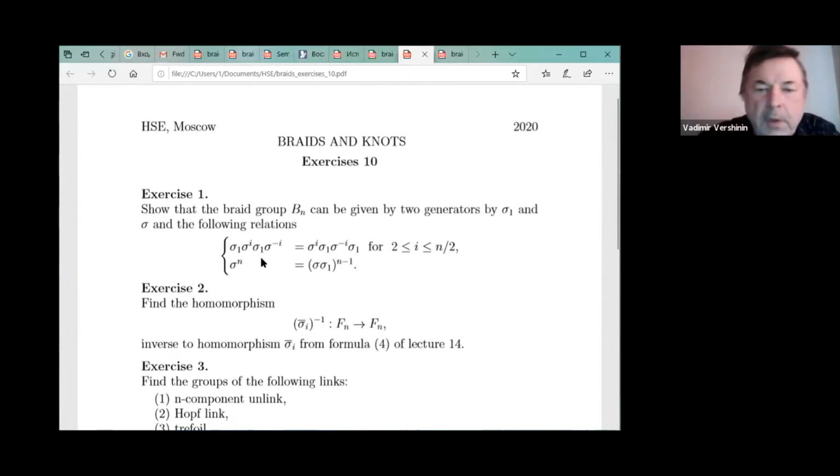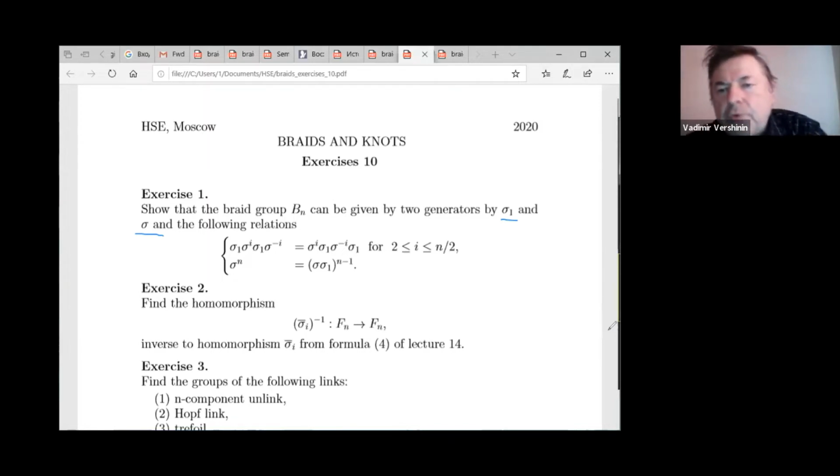So we consider sigma 1, and we consider sigma. The geometric presentation is sigma 1, sigma 2, sigma n, and so on. Here we have only two.